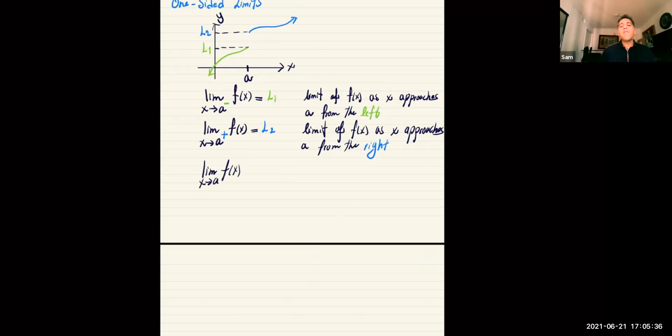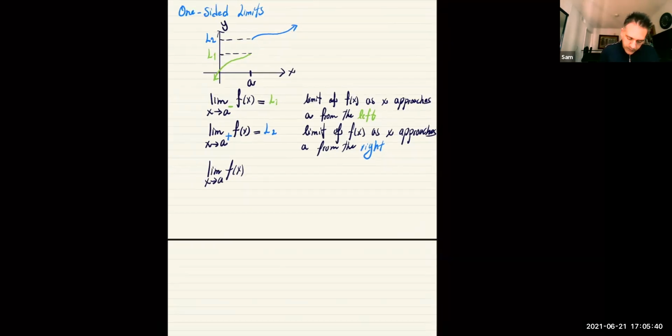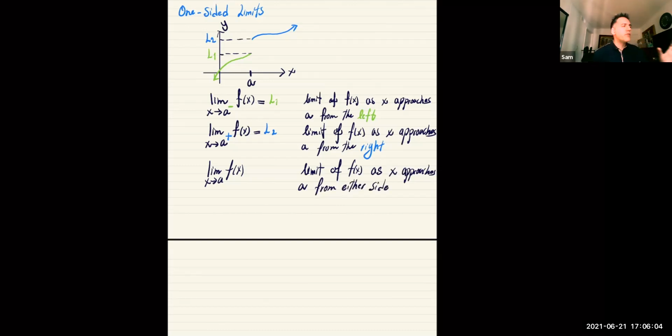Again, this means from both sides. So this is the limit of f of x as x approaches a from either side. That's what it is.